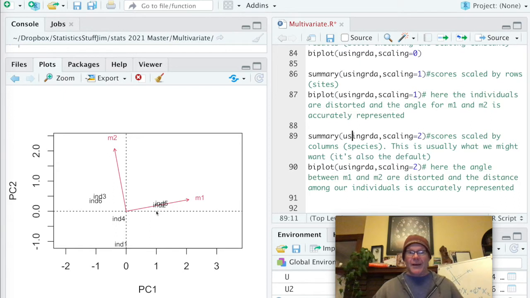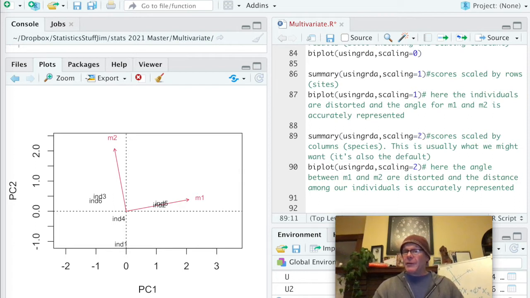But as far as vegan, a package, is concerned, it'll be referring to things as species scores and site scores. And the reason why it's doing that is because it's set up with the mindset that rows are sites, columns are species. Okay? Just to kind of put that out there so you're not confused by some of the wording.